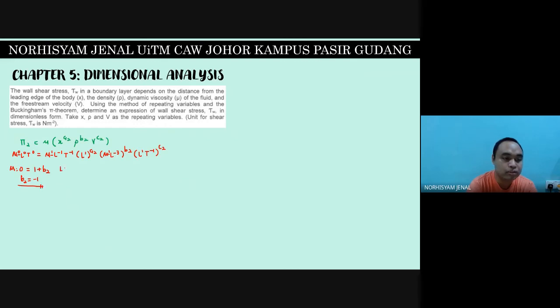For L, it should be 0 equals to negative 1 plus A2 minus 3B2 plus C2.